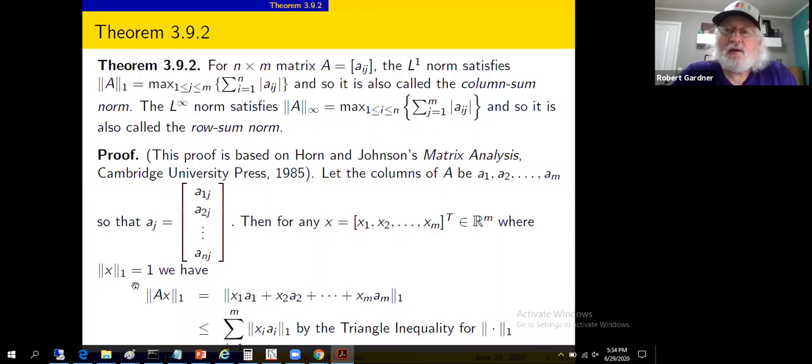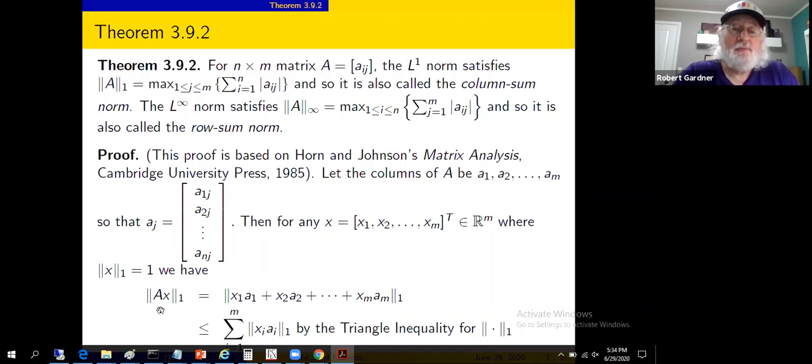What we get then is x, a vector from Rm, with L1 norm 1. That means you sum up the absolute values and you get 1. We need to take the L1 norm of A times x and see how big it could be.